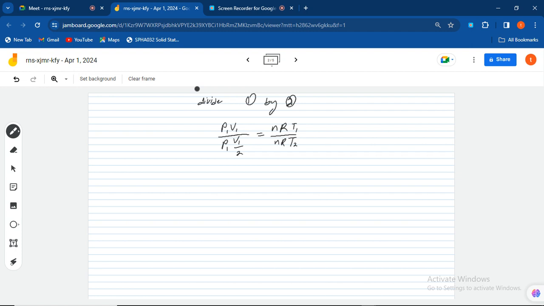And then on this other side, we're going to have 2. All these things are going to give us 2. We're going to have 2 equal to t1 over t2. And then your t2 will be equal to what?